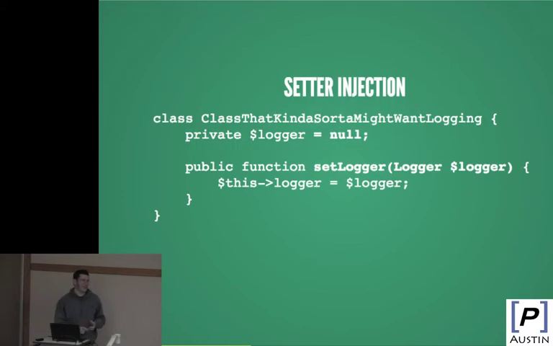So setter injection. This is useful for potentially optional dependencies where you may not need them at the very beginning of your class instantiation, but you might need them later. Or you might need to change the dependency during runtime. With setter injection, you can do that.